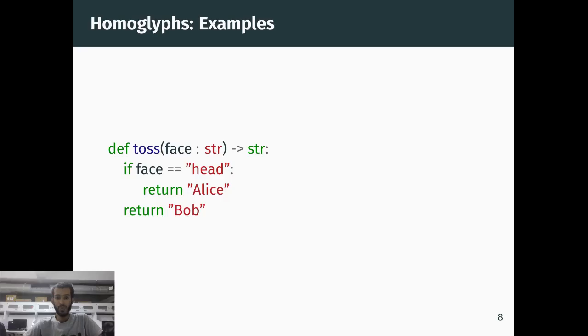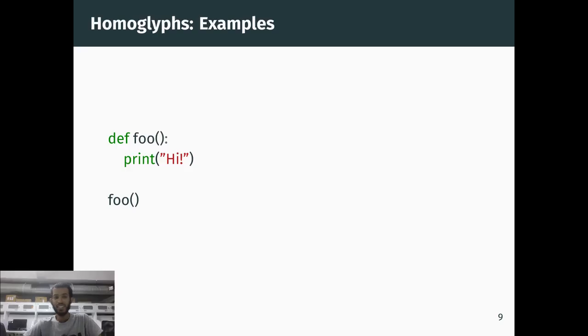We can tamper with the head string and replace the E with a Cyrillic E, and it will still look the same, and none will be the wiser, because then Bob will always win the toss. An easy way to bias the function in favor of Bob. A good way to prank your friends.